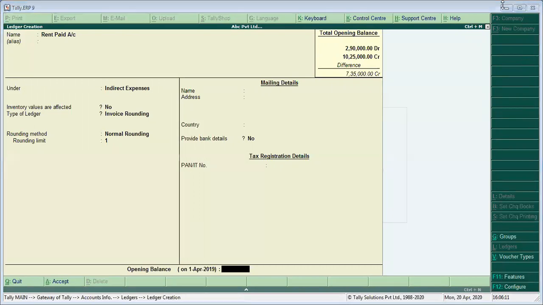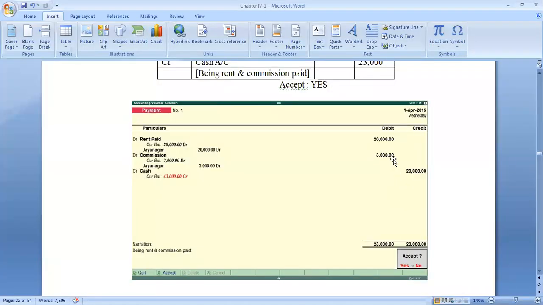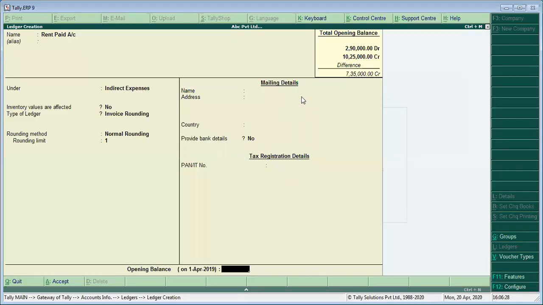That you need to record: the rent is 20,000 and the commission is 3,000, so together it is 23,000. So rent paid is 20,000. Just record the information as 20,000.